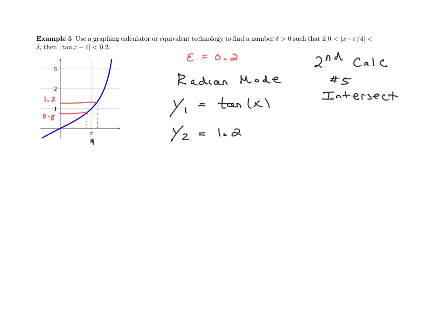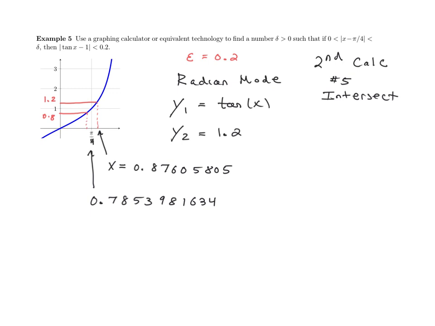And it says, for this first one, the x value is 0.87605805, and that's a little bit past pi over 4, which, by the way, pi over 4 is approximately 0.7853981634.